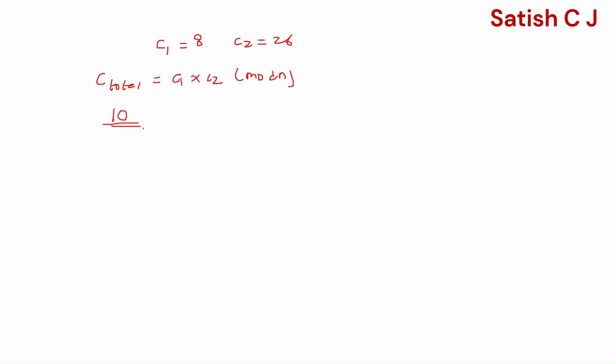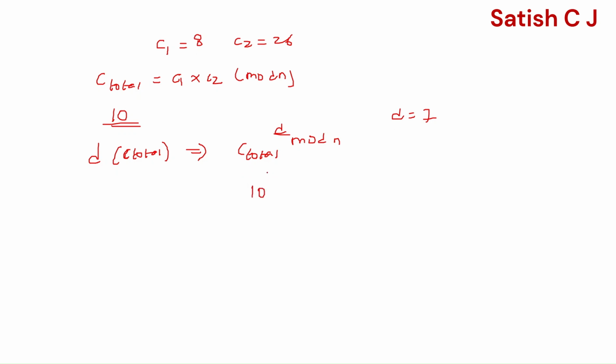Now we should decrypt C total. How will you decrypt C total? We raise C total to the power of the private key mod N. What is the private key value you have selected? D to be 7.